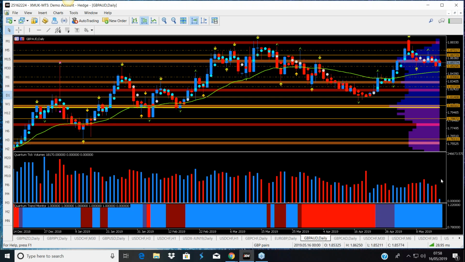The reason is that if you look at the currency strength indicator on the daily time frame, on a slow time frame, the probability is that those two currencies will be moving in lockstep together. In other words, you've got selling of the pound and selling of the Aussie dollar, and hence you don't see a strong trend develop in that particular pair, which you need to know if your pair of choice is the pound Aussie, because clearly it's not the best selection because it's moving sideways or sideways-ish.